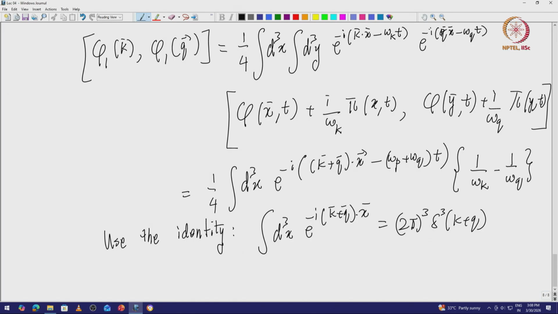So, you can put it back into this, and lo and behold, this will be just 0. This is precisely what we expect essentially.